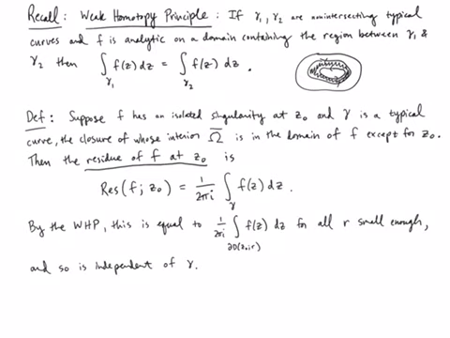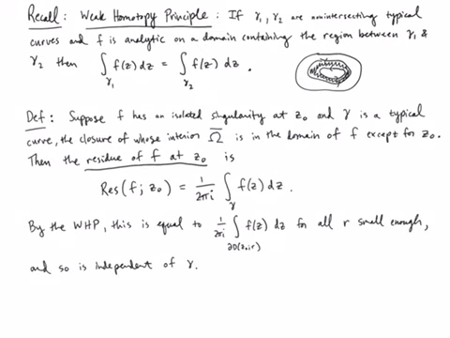So if f has an isolated singularity at a point z0, gamma is a typical curve whose closure of whose interior is in the domain of f, except possibly at z0, then the residue of our function f at z0 is defined in the following way. You do 1 over 2 pi i times the integral of your function f along gamma.